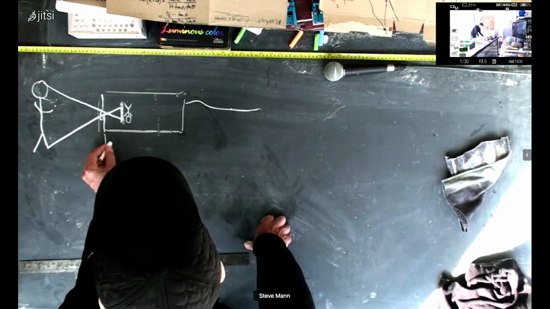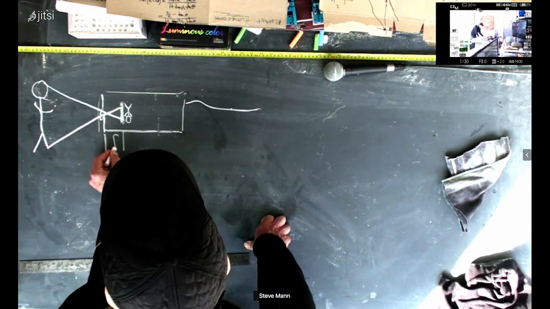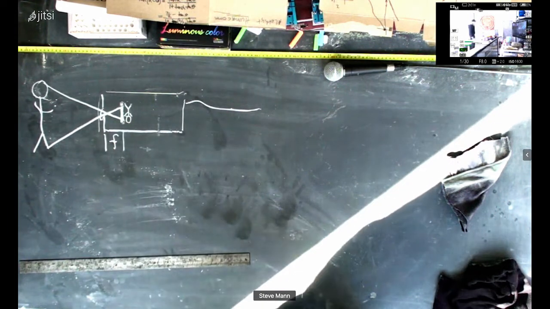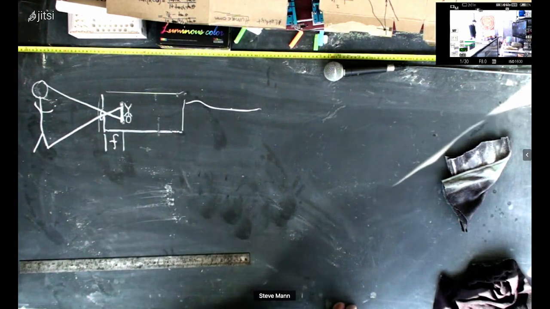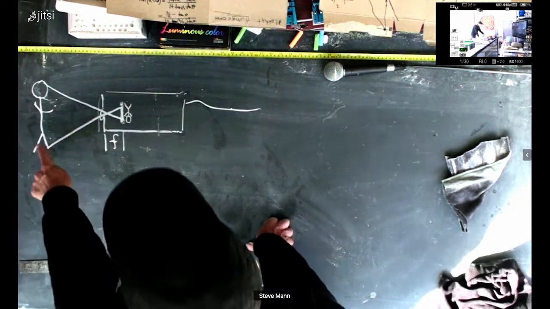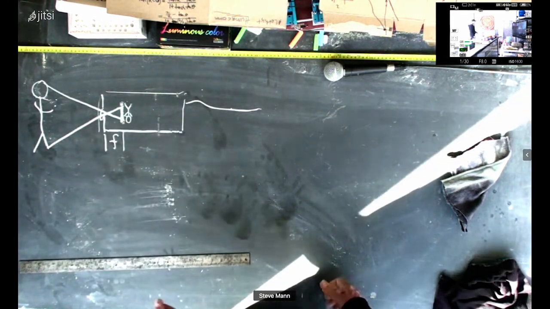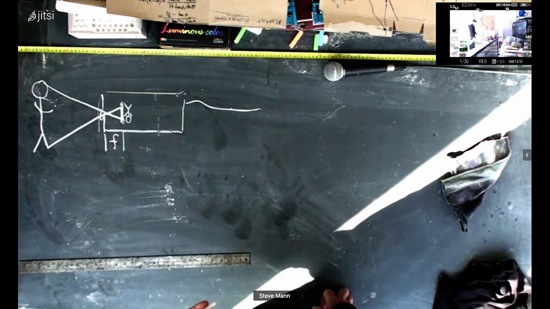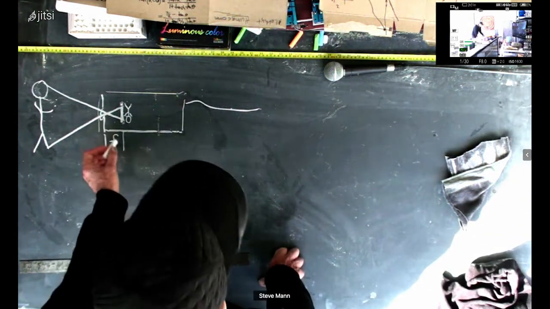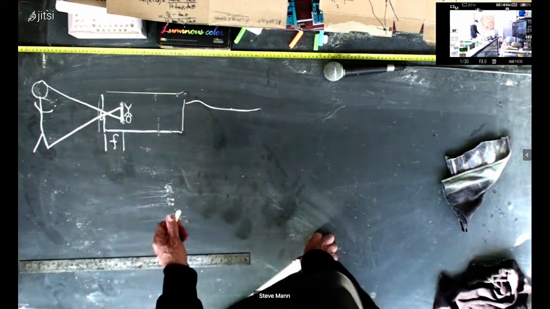And there'll be a certain distance here, which is the focal length if the camera is focused to infinity. And of course, if the object is a little closer, the lens will be out a little further, but it might be a pinhole camera as well. And so that image gets formed.